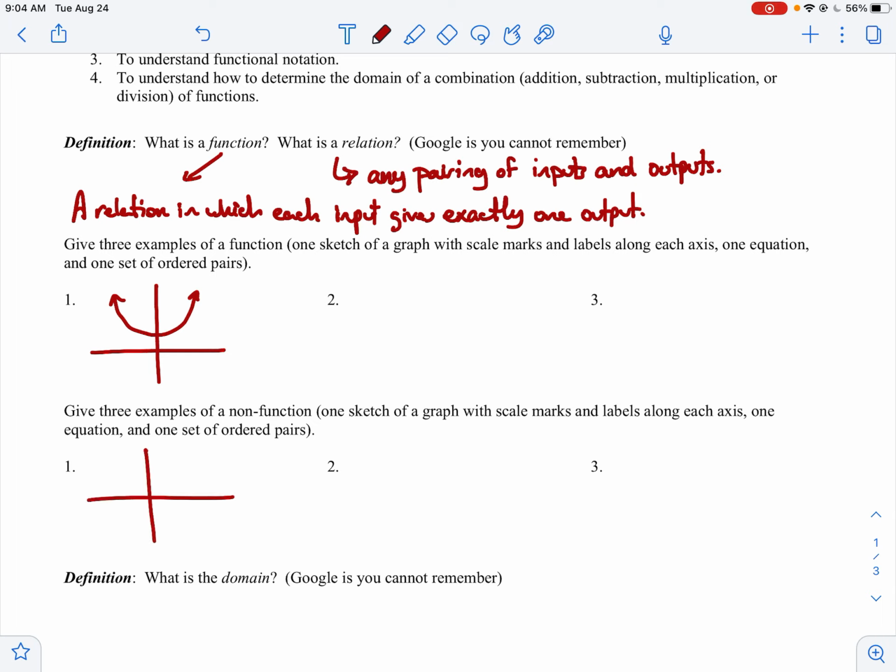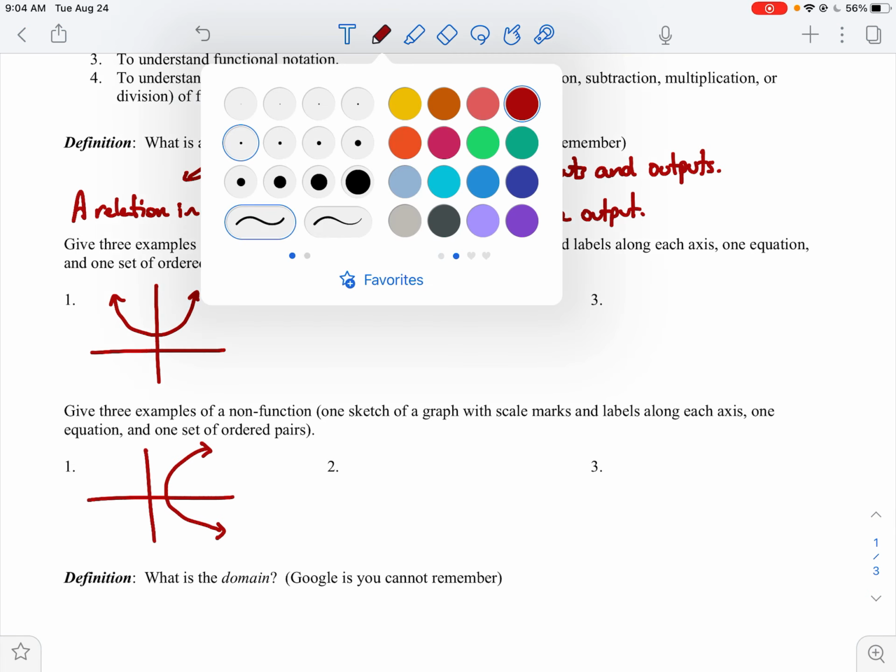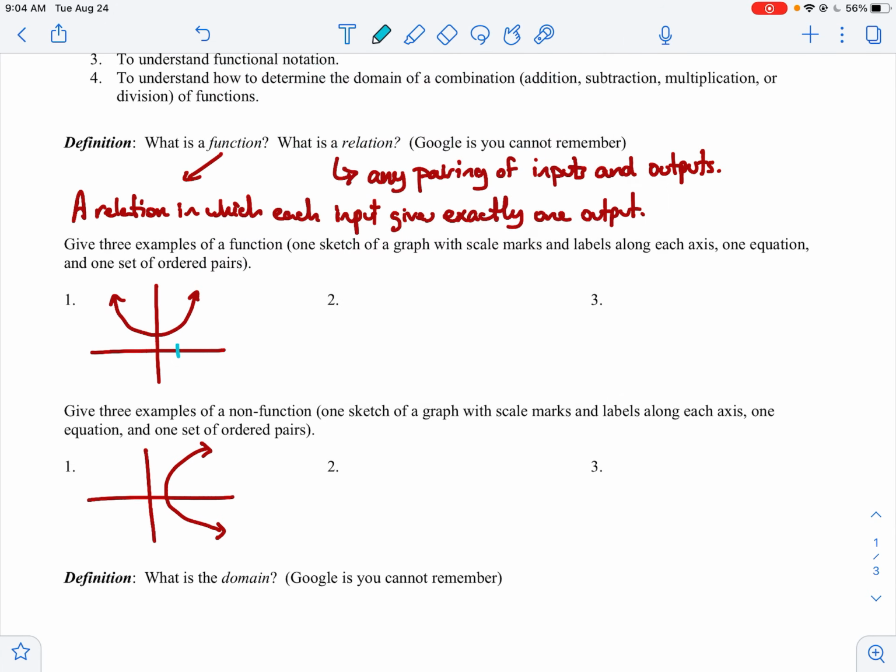If it's not a function, we could do a sideways parabola, because for each input, I'm going to get 2 outputs that correspond to it. So one input gives me one output, versus down here an input gives me 2 things that correspond to it. That's a function versus not a function.